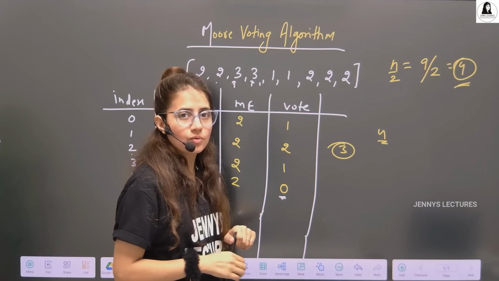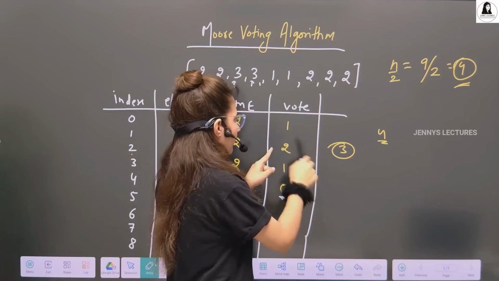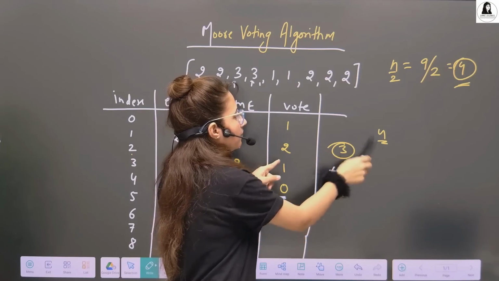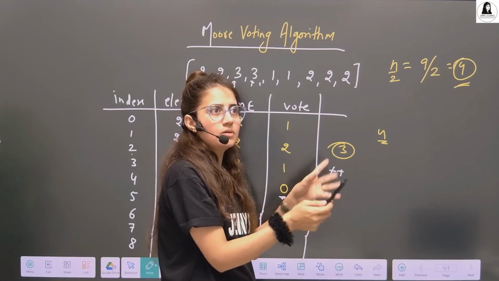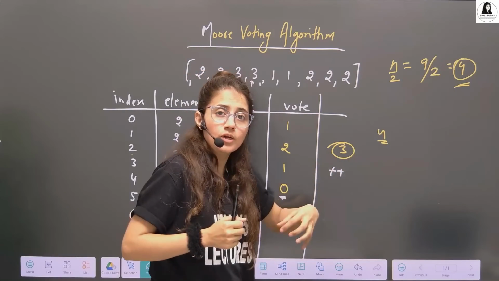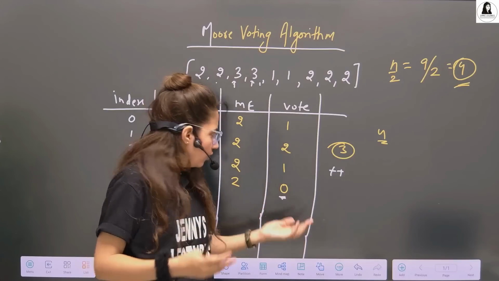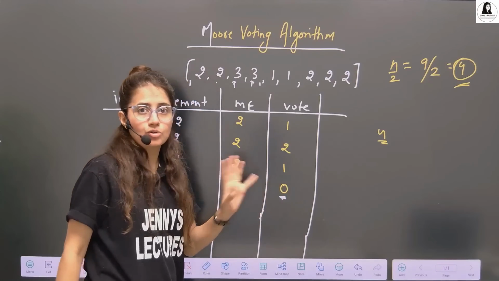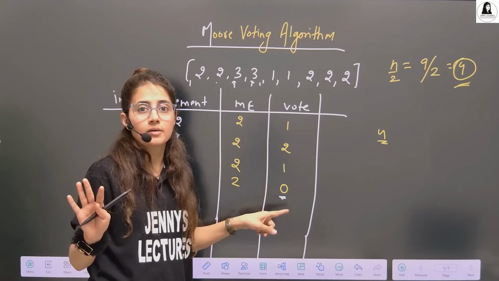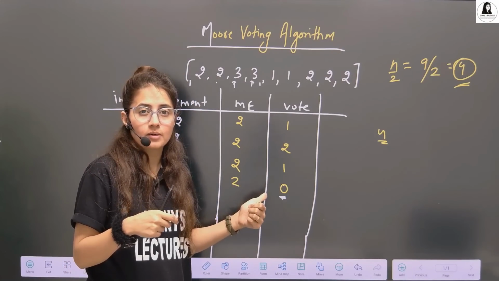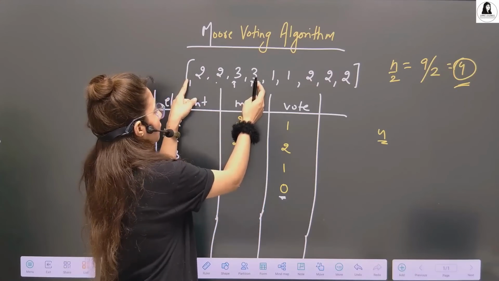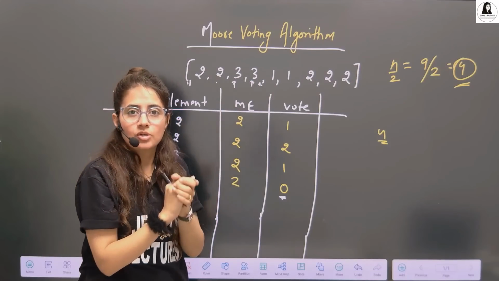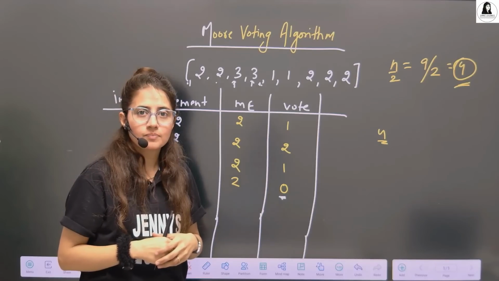And if you got 0, then the majority element's count was cancelled out by the other elements. Otherwise, at least we would get 1, not 0. We cannot cancel out the majority element if it is actually the majority element. But within this array, it's not. We can see 2 is only 2 times, but it must be present 3 times to be a majority element. So it cannot be the majority element, right?